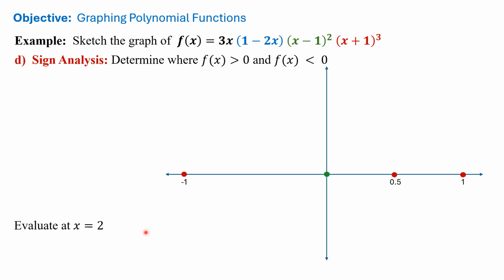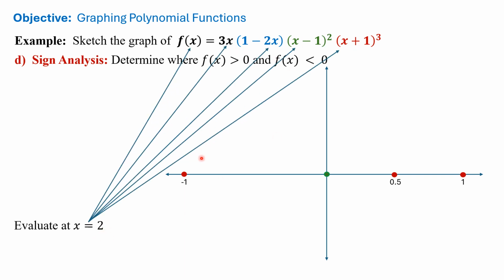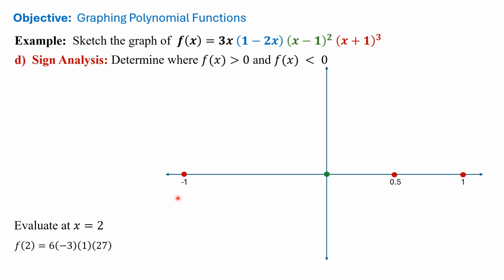When we substitute 2 in every factor, we will get 6 times negative 3 times 1 and 27. Since we are just interested in the sign, whether it's positive or negative, if you multiply this, the sign is negative, or less than 0.